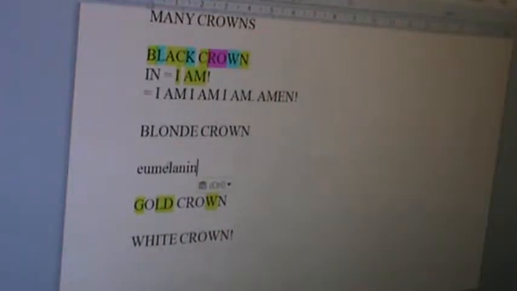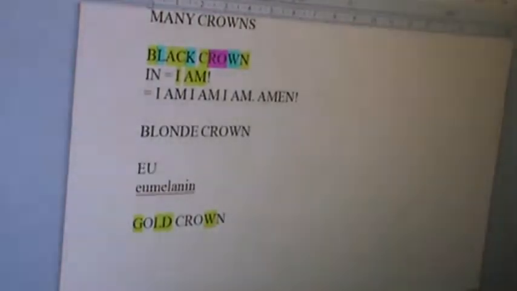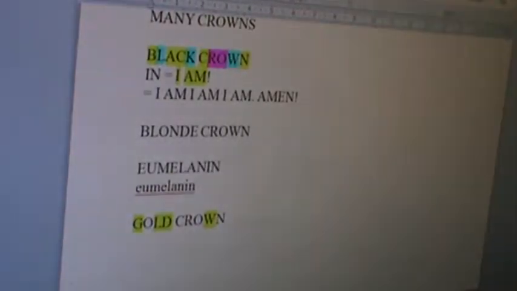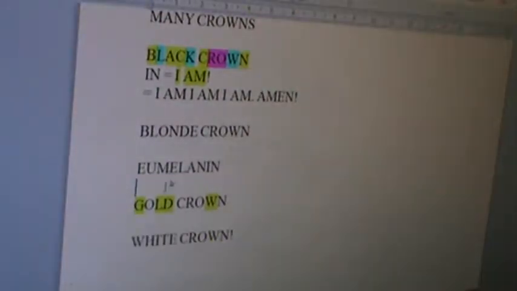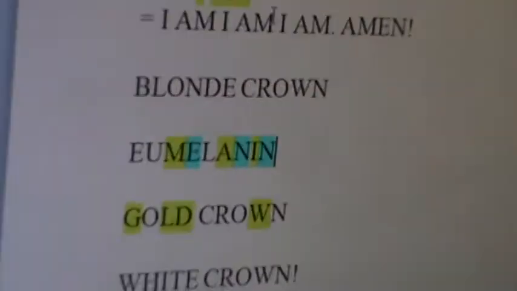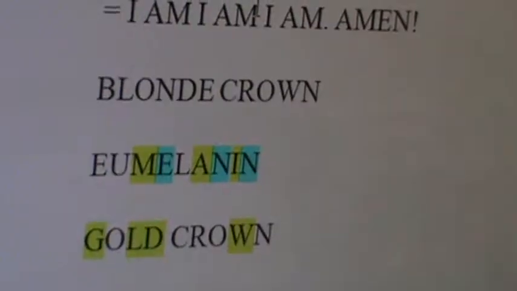There's I am in your hair color. Eumelanin. I had melanin the other day. Melanin was for your skin tone when you're sun tanning, and that was a revelation from the Lord that contains I am letter for letter going backwards, and then the rest divides by 3. In fact, you have the I am in melanin. So according to the history books, which belong to God, there's the I am in melanin, which determines your skin tone.